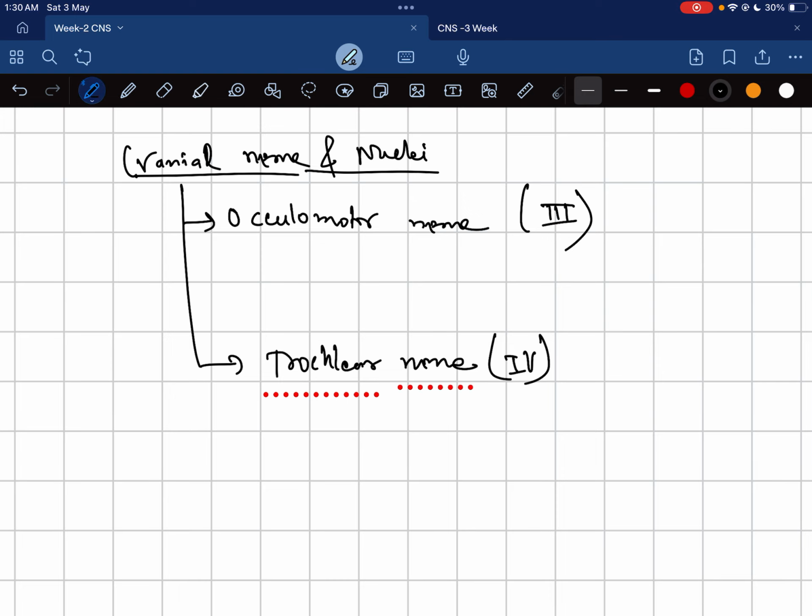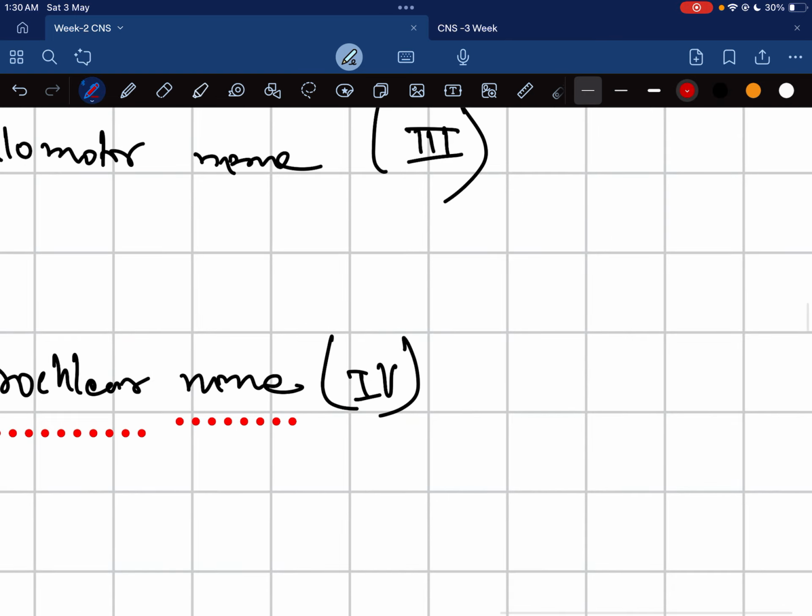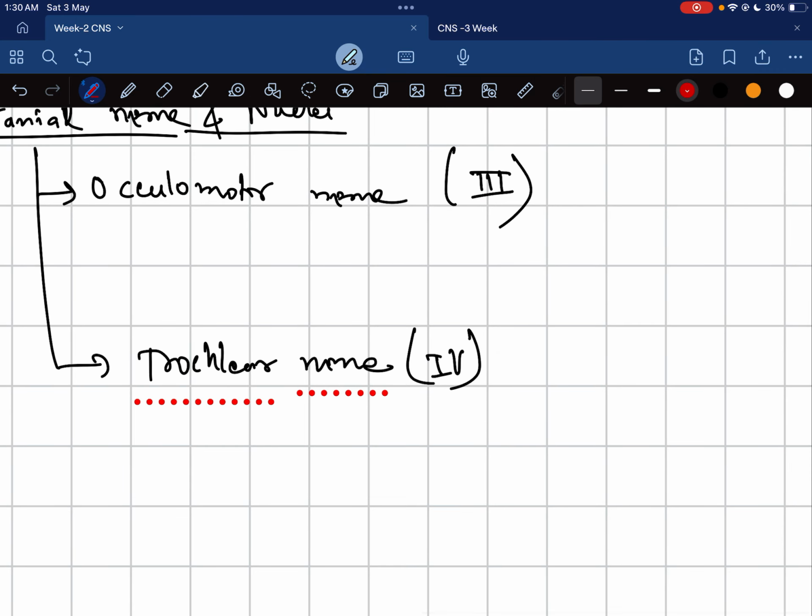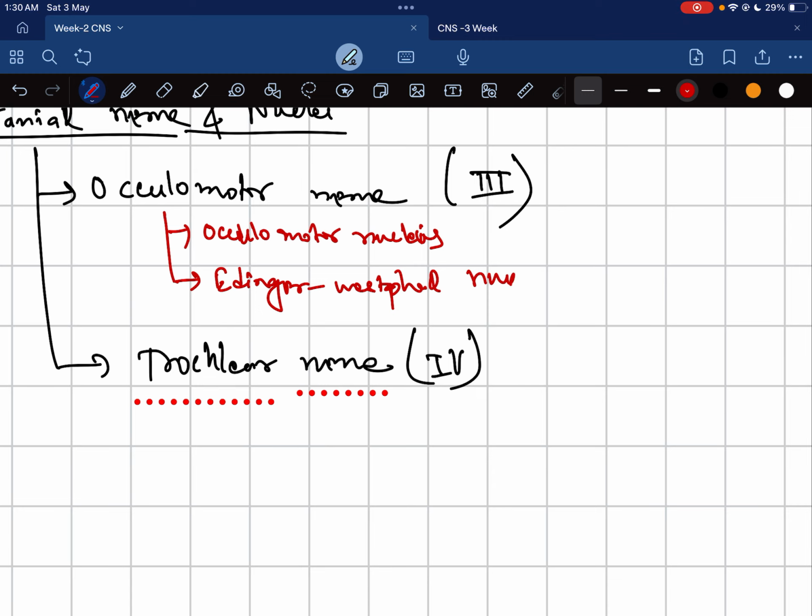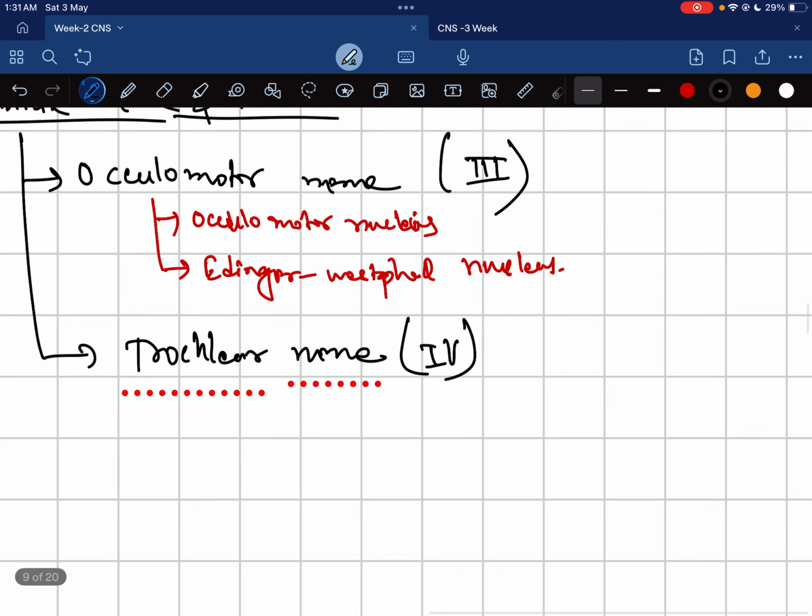Now moving on to the oculomotor. The oculomotor has two nuclei: the oculomotor nucleus, and another one, the Edinger-Westphal nucleus.